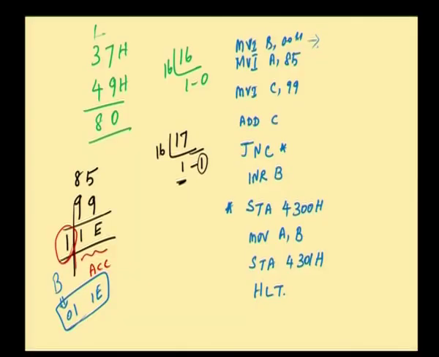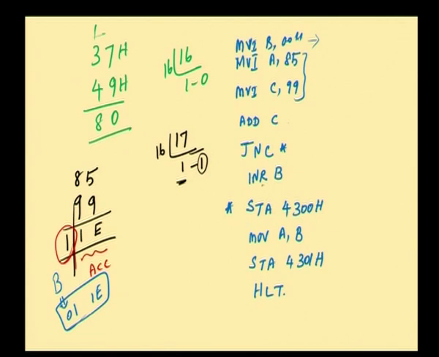I have initialized MVI B, 00, which is used to hold the carry value. Then these two data are initialized, then added, then I have checked the carry flag. If no carry, simply store the resultant value.